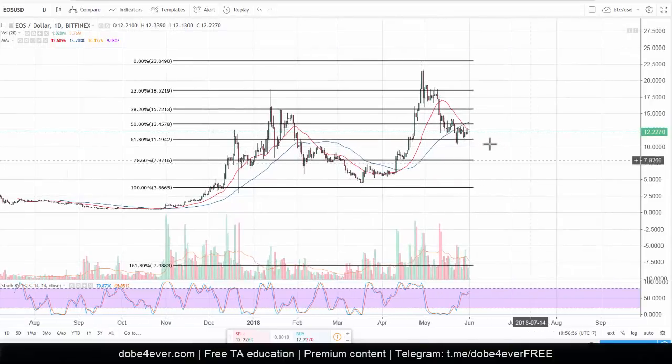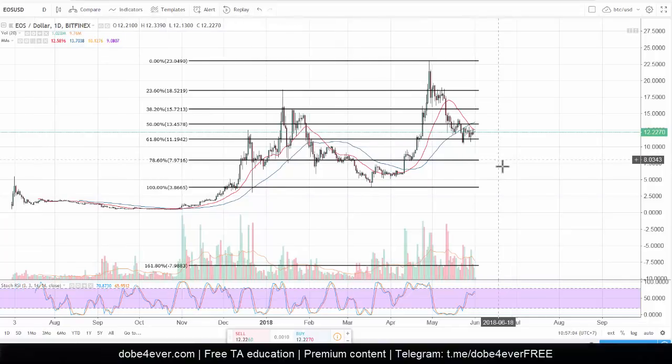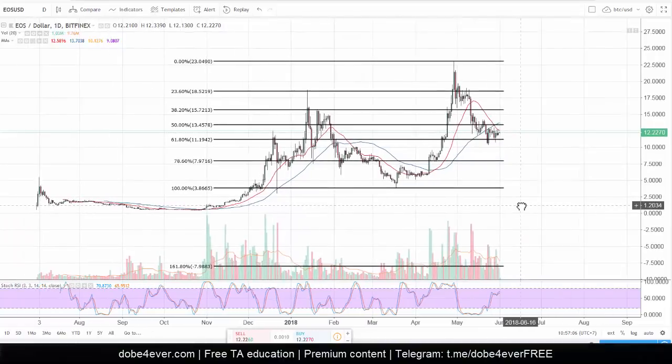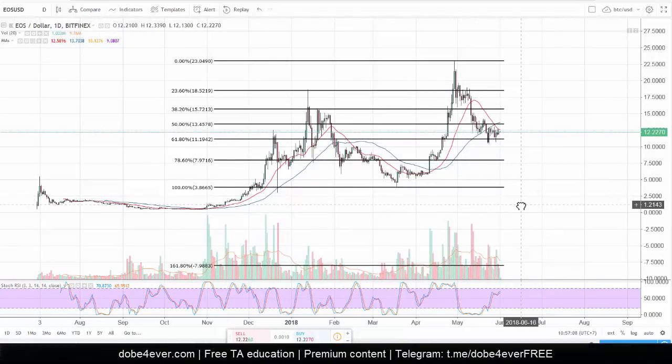So I wouldn't be too concerned. I would actually use that to buy the dip, unless something catastrophic happens. But it's not really reflected on the charts. The charts say this is bullish, so everything should be fine.